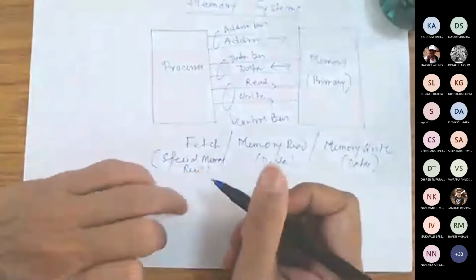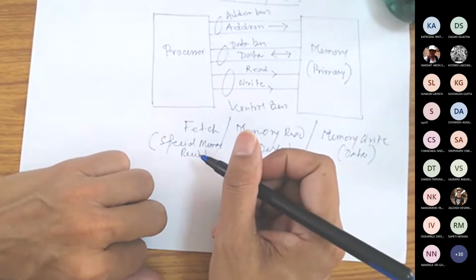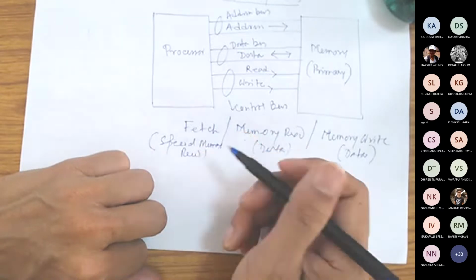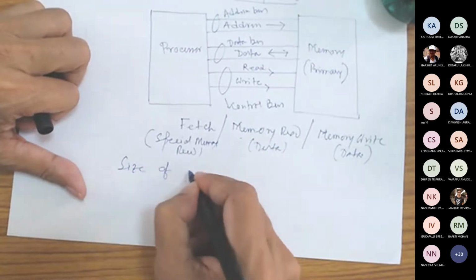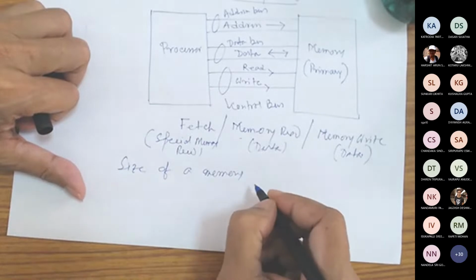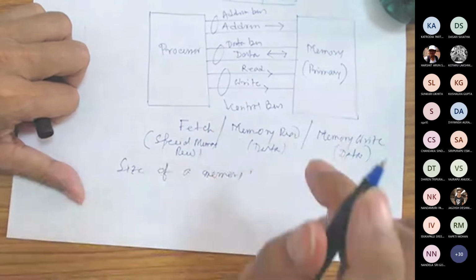So if I say that I have a memory, the size of the memory is, say, how do we define the size of a memory? Size of a memory. So there are two things.